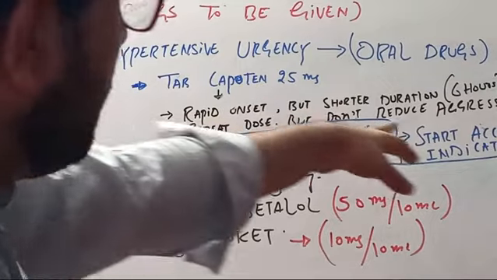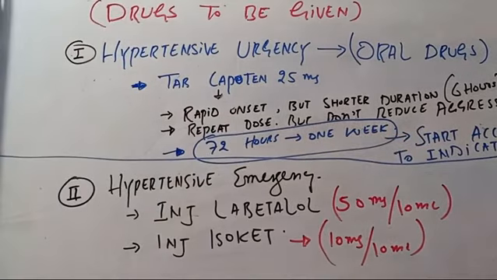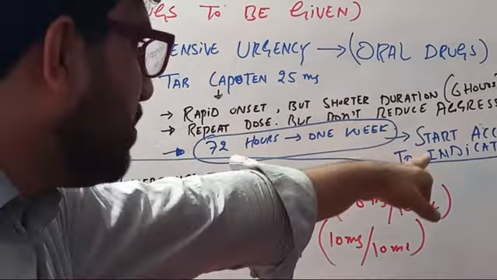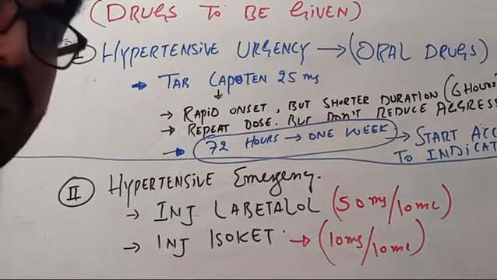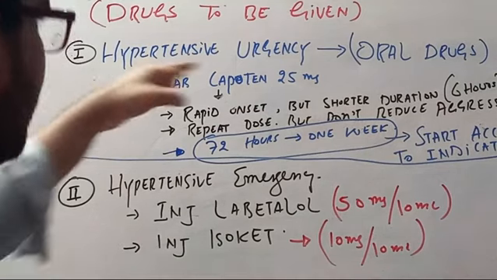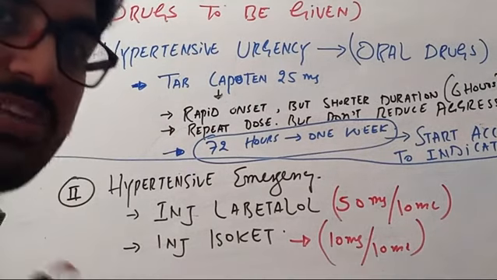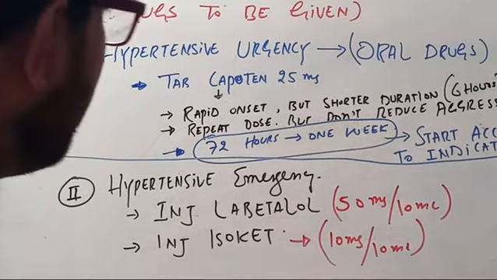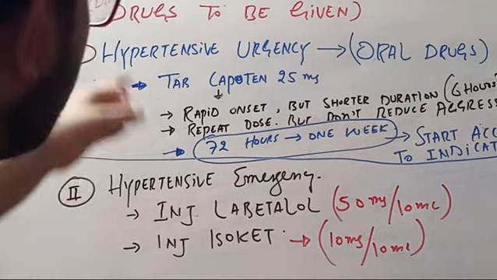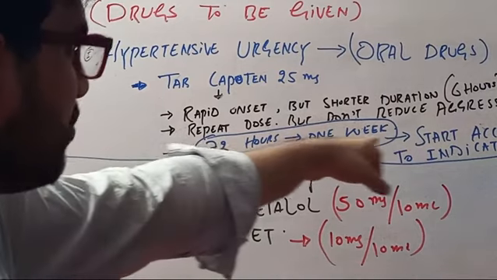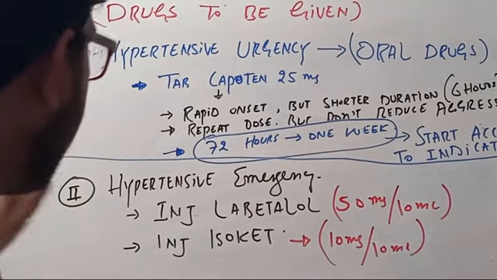So it depends upon the indication in the patient, and we have to individualize according to the indication. So I would recommend not to aggressively decrease the blood pressure if the BP is not too high. But if the BP is too high, you can reduce a little in the emergency department and then give the medication according to the indication.